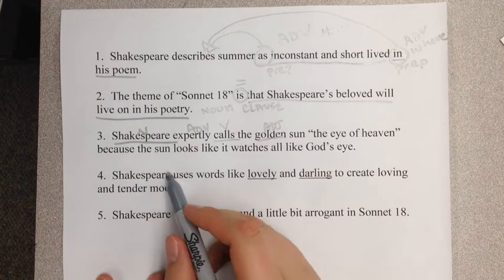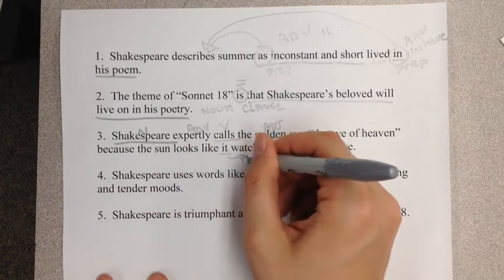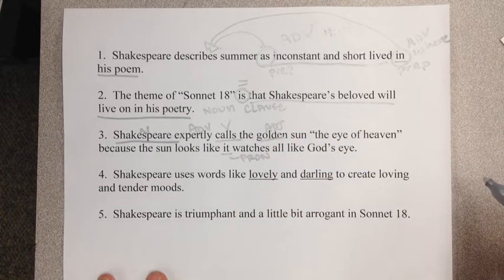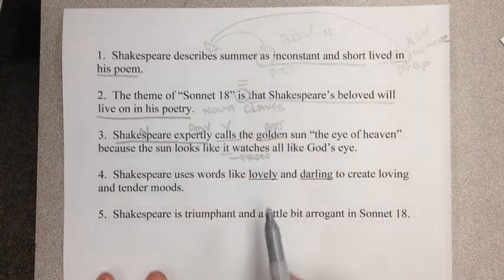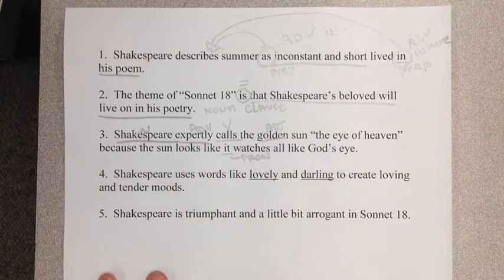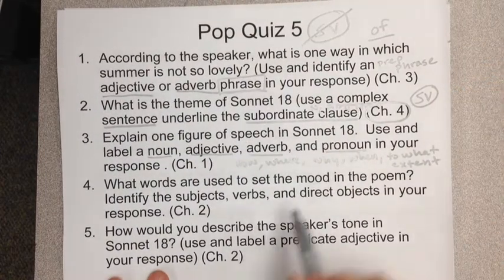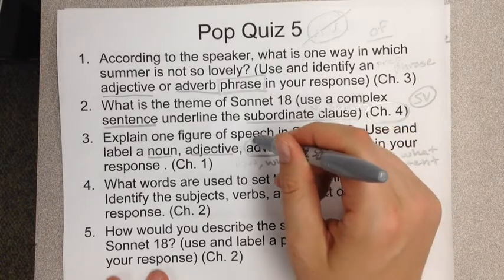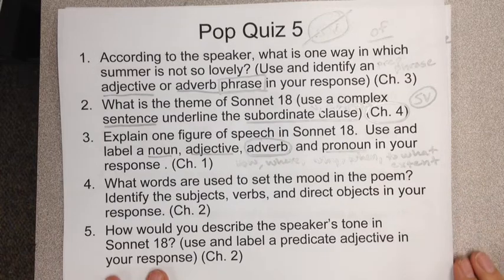Because the sun looks like, here's our pronoun. Watches all like God's eyes. So we have a noun, adverb, verb, adjective, pronoun. So those are all the parts that I found. Adverb is the one that you guys have a lot of trouble with. Adverb and preposition, those are really tough for you guys. Sometimes pronouns too, if you don't know the relative pronouns.